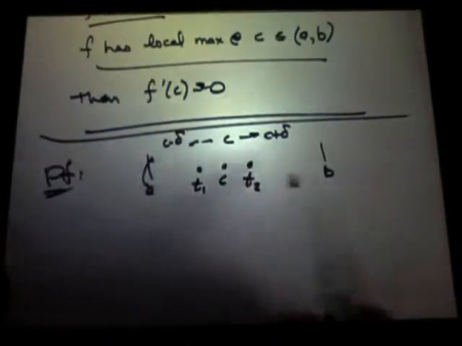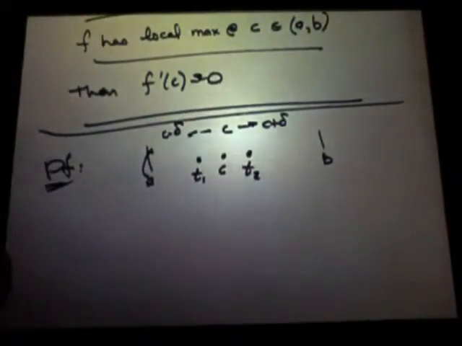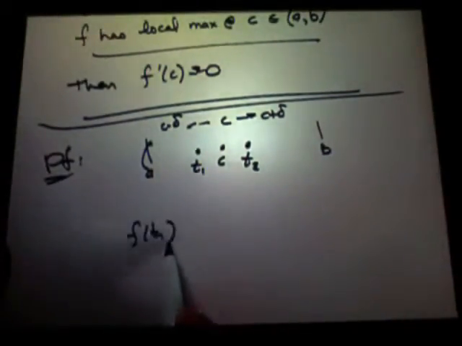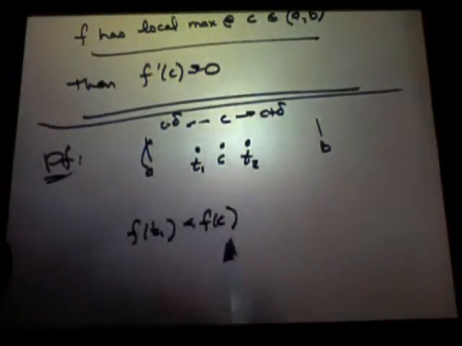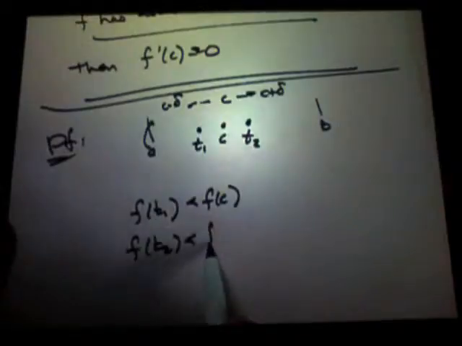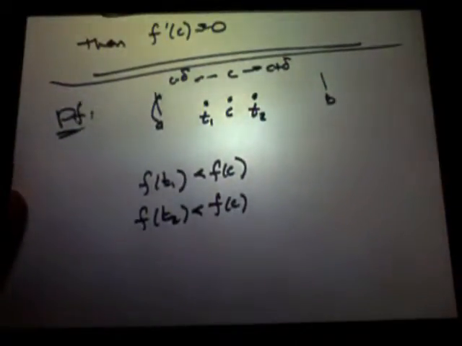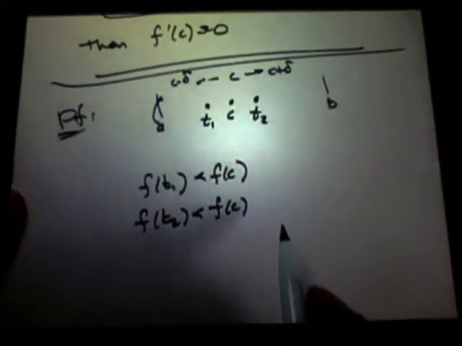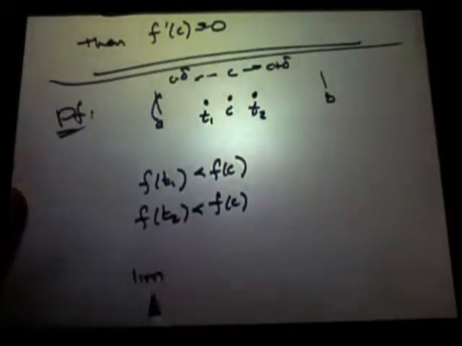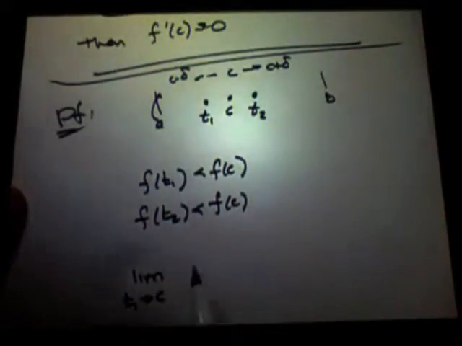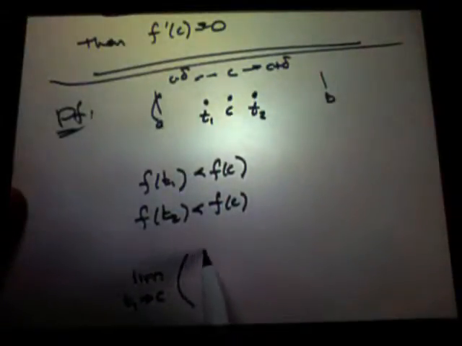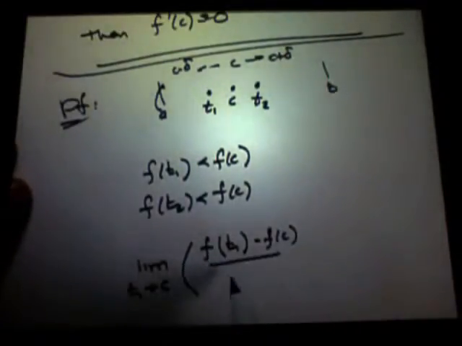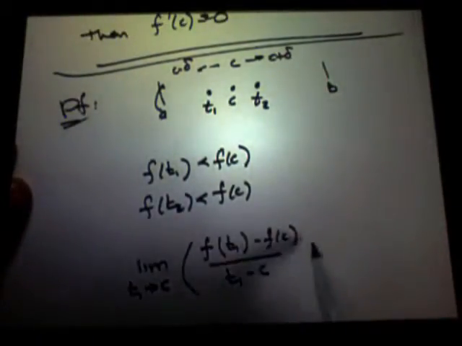The derivative exists everywhere, but in particular it exists at c. c is a local max, so f of t1 is less than f of c, right? And f of t2 is less than f of c. So form the difference quotient at c using t1: the limit as t1 approaches c of f of t1 minus f of c over t1 minus c.